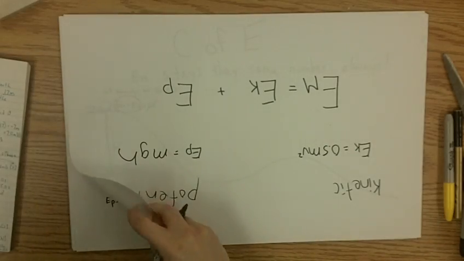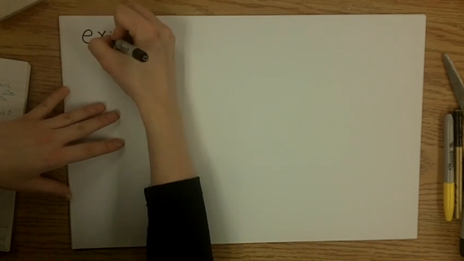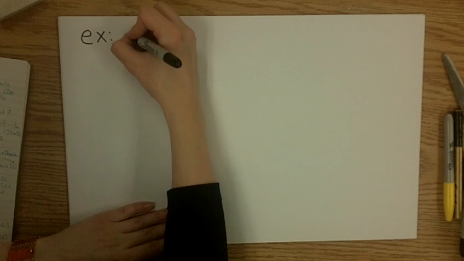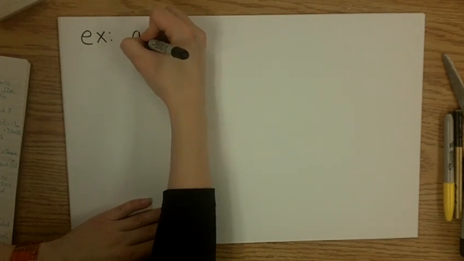Here's an example to help you understand how to calculate average speed. Sometimes you'll be given a question with two speeds and asked to find the average of those two speeds, like this.